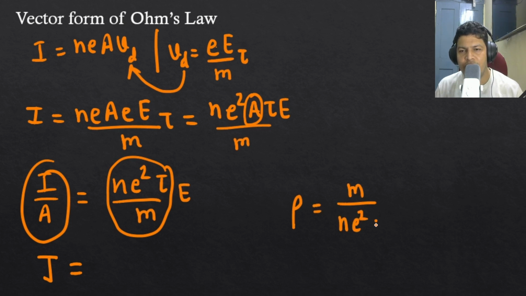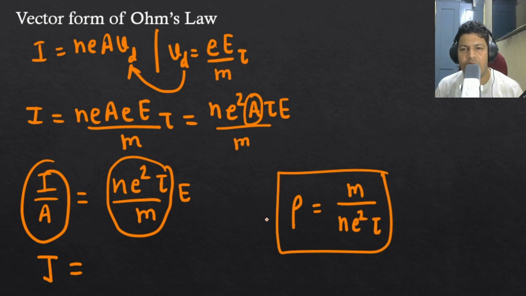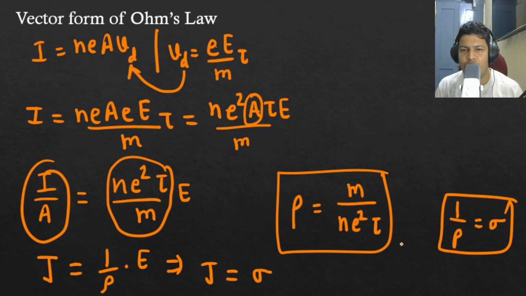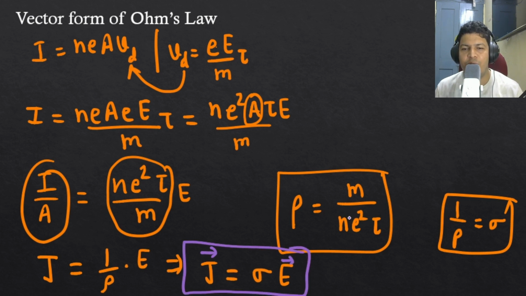What is it? Earlier we have done this; it is called resistivity. So can I write 1 upon resistivity into E, or this term now becomes J equals sigma E. Now the reciprocal of the resistivity will be the conductivity. So this term sigma is the conductivity. Now as two quantities are vectors, we can put the vector sign as well. This is the vector form of Ohm's law.